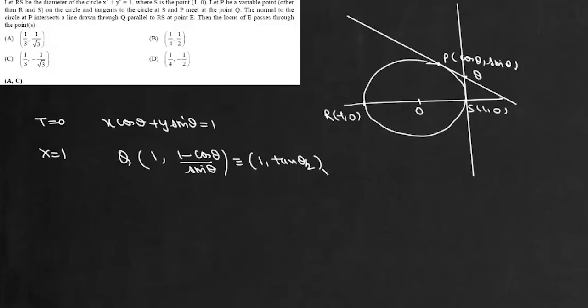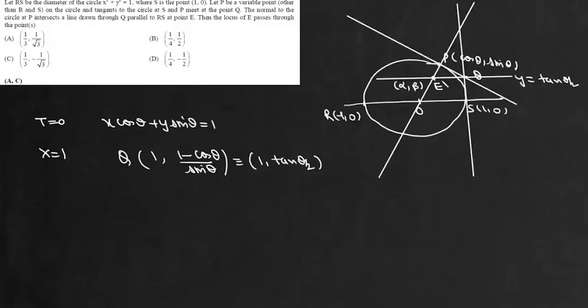Now it says the normal to the circle at P intersects the line drawn through Q parallel to RS at point E. So the normal through P intersects a line drawn through Q parallel to RS at point E. So we have drawn a line at this point Q, and this line is y equals tan theta by 2, and it intersects at this point E, and we have to find the locus of E. So this point is (alpha, beta).